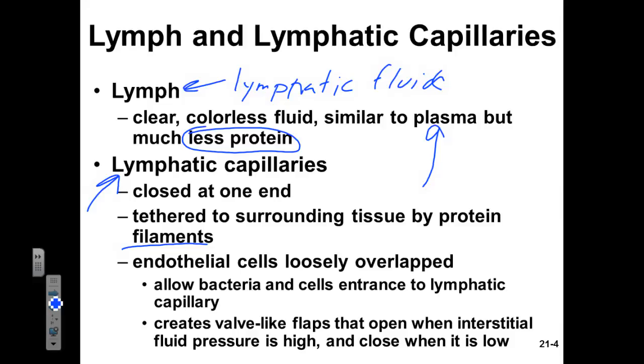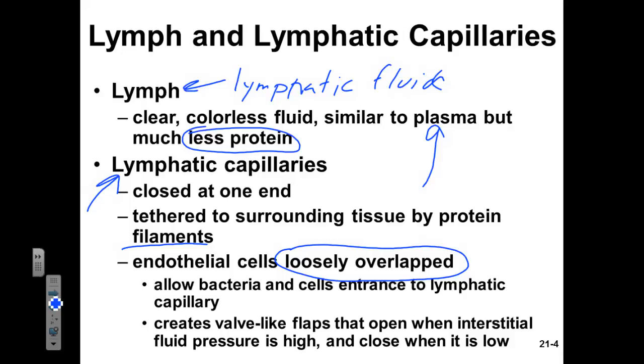Now, just because they're closed at one end doesn't mean that they are impermeable to liquid. If they were impermeable to liquid, we would not be able to take that extra interstitial fluid and dump it into the lymphatic capillaries. Our lymphatic capillaries are going to have little gaps in them. The endothelial cells that make them up are very loosely overlapped.